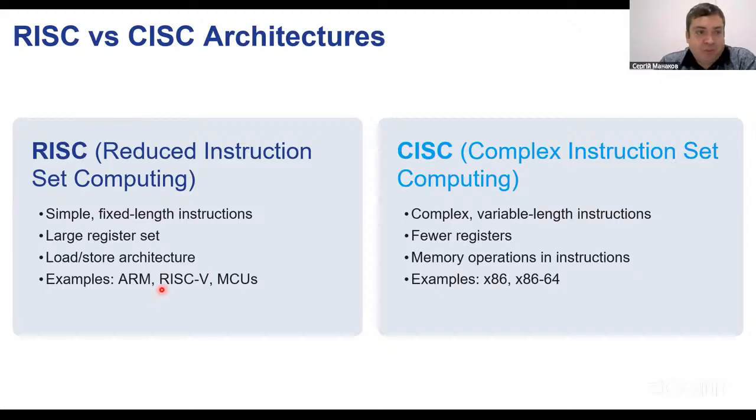The difference: RISC is used in ARM and MCUs like Arduino, ESP32, or STM MCUs. It is simple. It has fixed-length instructions. It also has a large register set, for example, R0, R1, R2 up to R63, many registers.